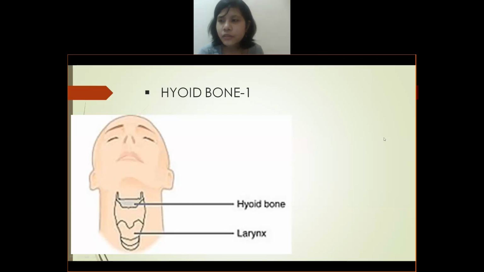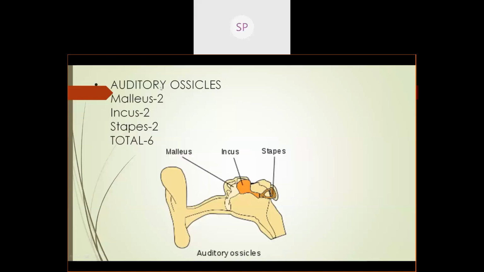And this is the hyoid bone. How many hyoid bones do you have? One. It's easy because you have only one and it's easy to remember. Okay, are you clear? Shall we move to the next bone?